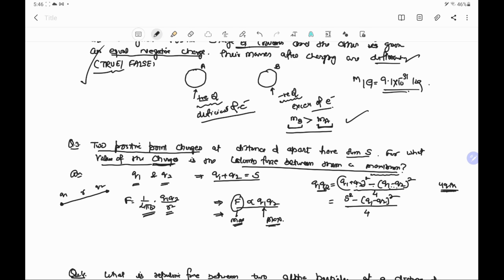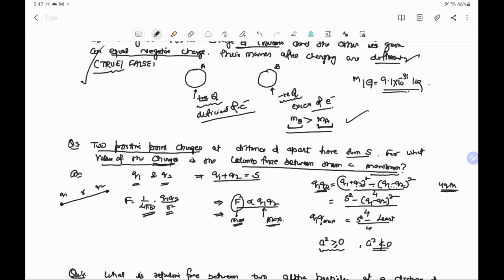One very important property is: if a is a number, then a square is always greater than or equal to 0. That means a square is never negative. To maximize this Q1 Q2, we have to subtract from S square a number which is least.